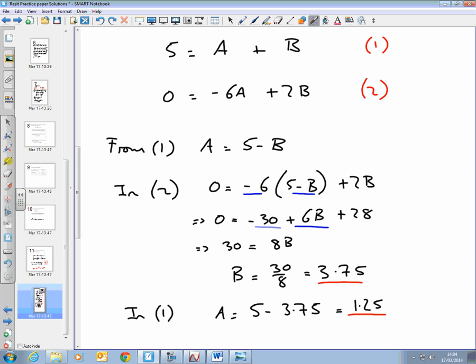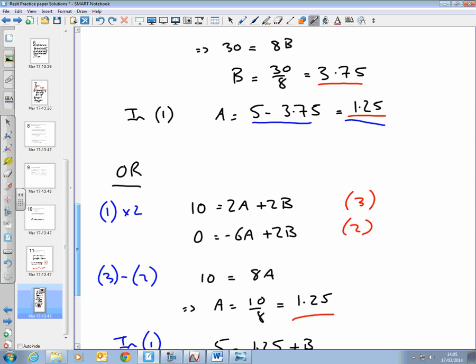So now adding B's, 6B plus 2B is 8B. And then taking the 30 over the other side gives me 30 equals 8B, so B equals 3.75. Putting these values back into 1, A equals 5 minus 3.75, which is 1.25.